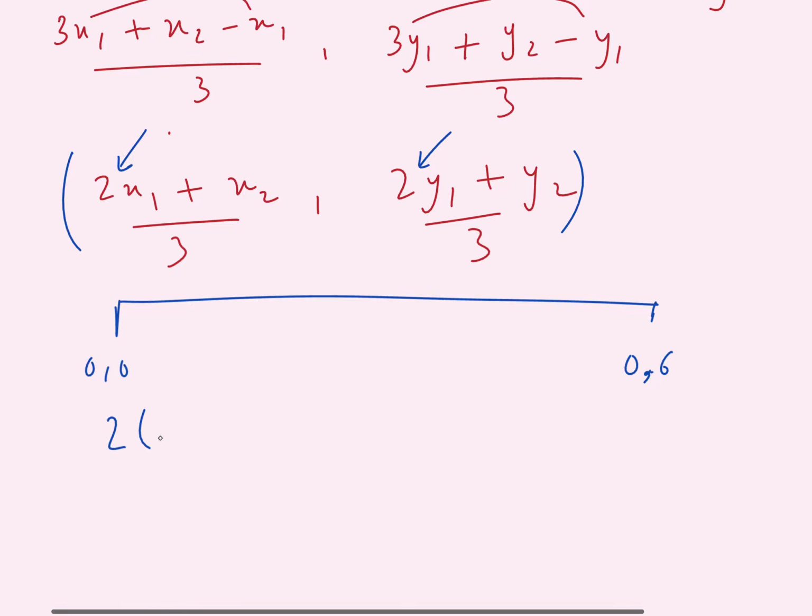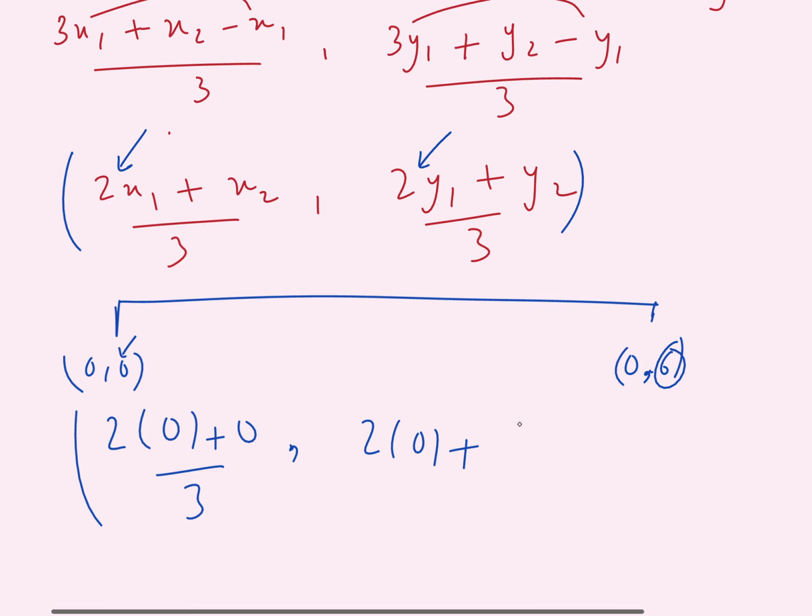So 2x1, this is x1 and this is y1. This is x1 plus x2, which is 0 again, over 3, and the other one is 2y1. So this is y1, 0 plus y2 is 6, over 3.